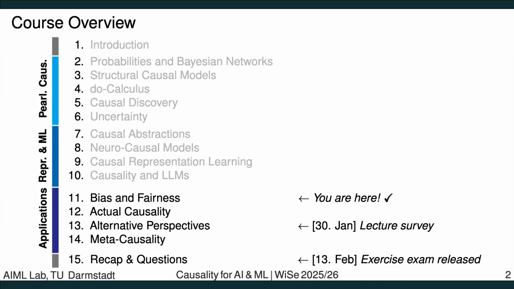So it's more of what can we do with causality? Where can we apply it? What are maybe alternative perspectives or representations that also work with causal quantities or models that maybe do not align with the Pearlian causal framework. And in the end, we will have a last lecture where we do a brief recap and have time for questions.